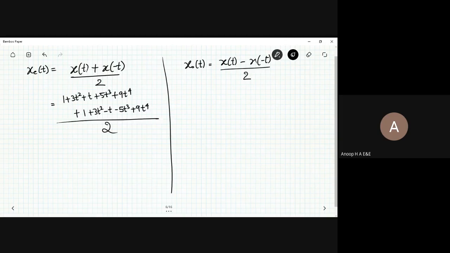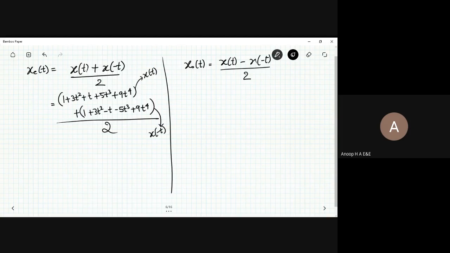This is x of minus t, and this is x of t. Let me write down here x of t, and this equation here is x of minus t.